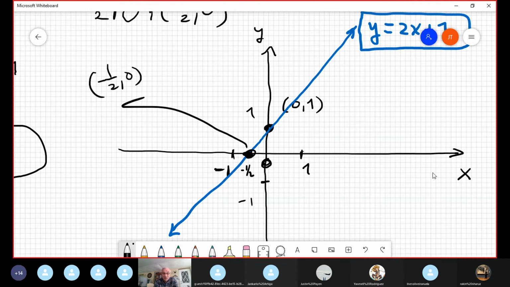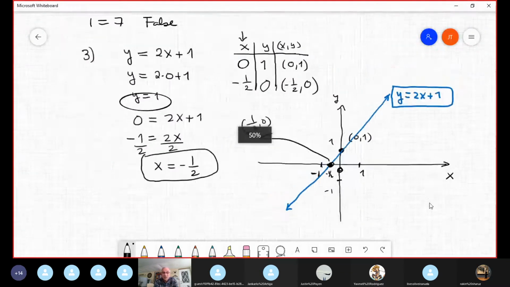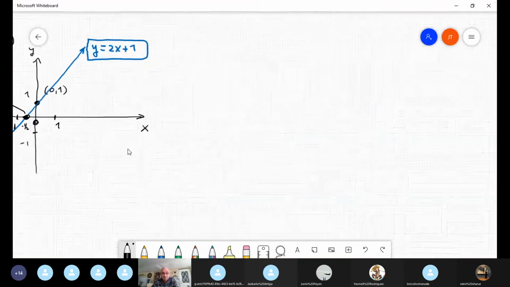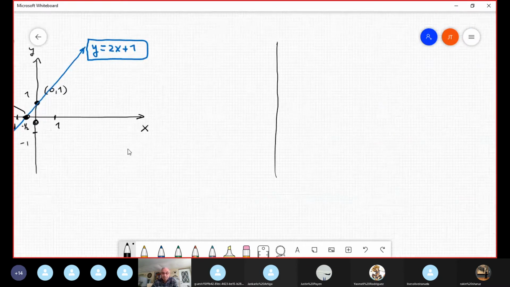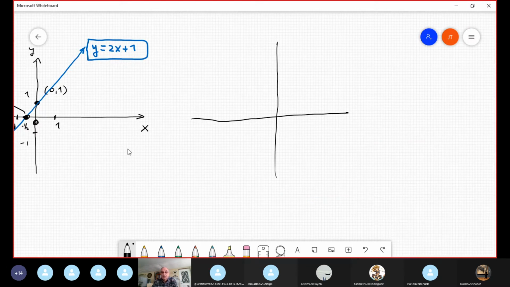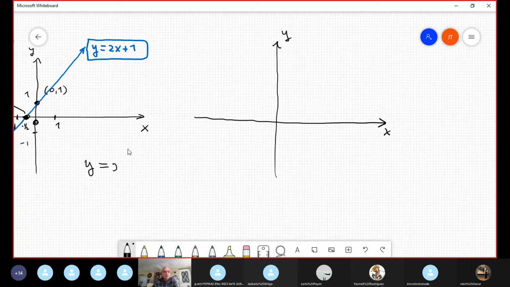Another way to do the same job, okay, look. In this case, either way is good. Suppose my equation is y equal to x plus 1.